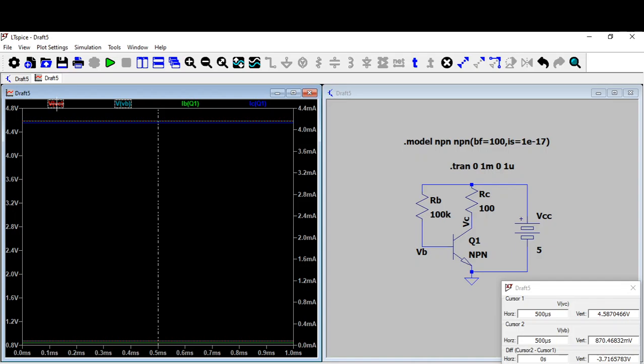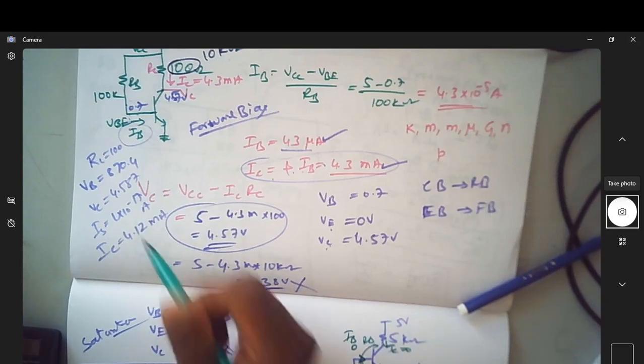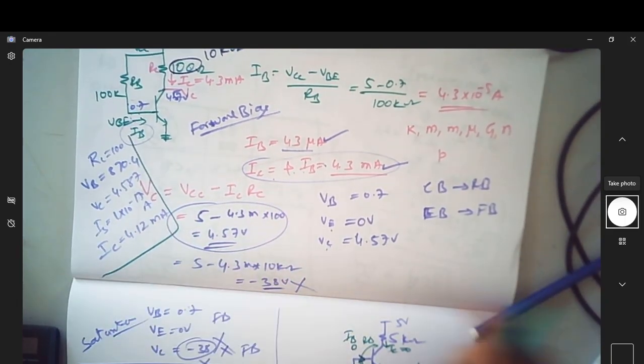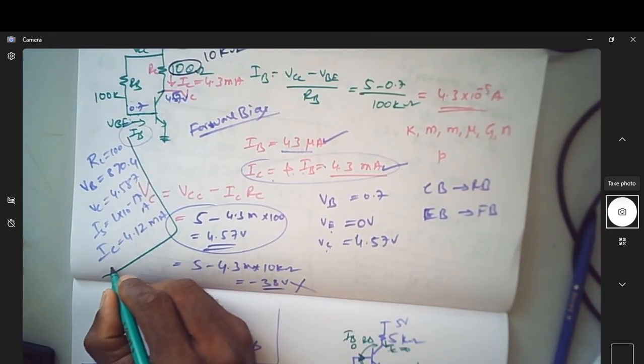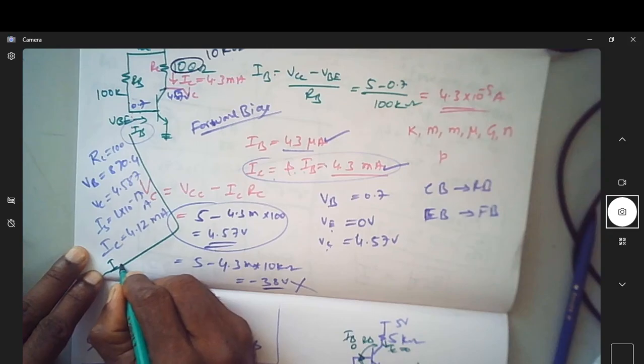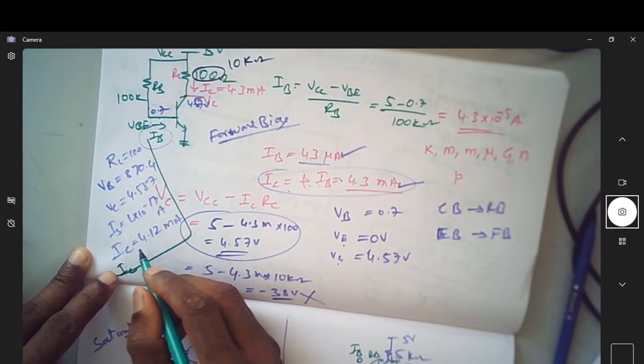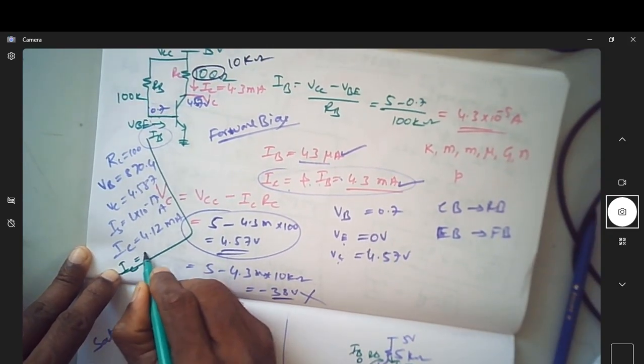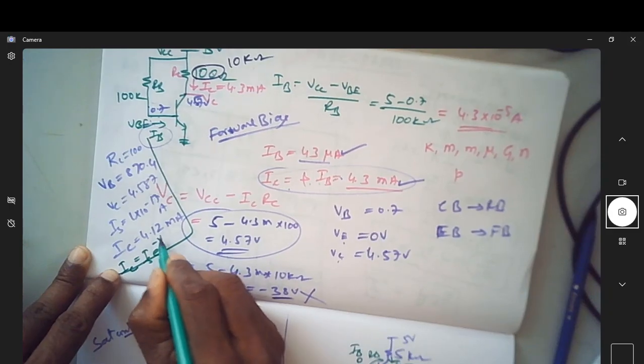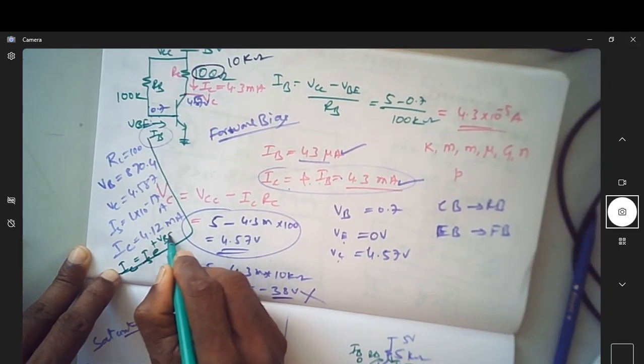How much is IC? IC I'm getting as 4.12 milliampere. Let me just verify these values, meaning these are the values of different parameters. Let me find out the value of IC using IS e power VB by VT.